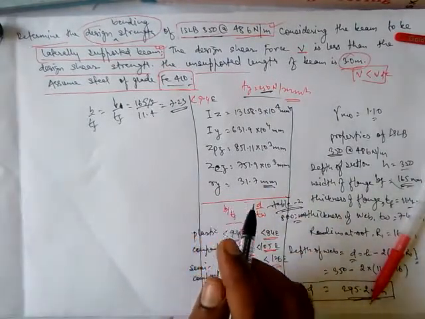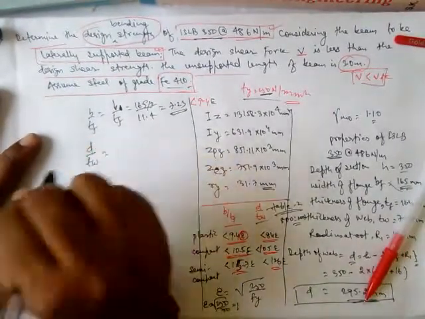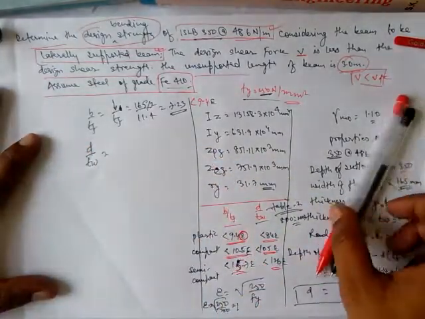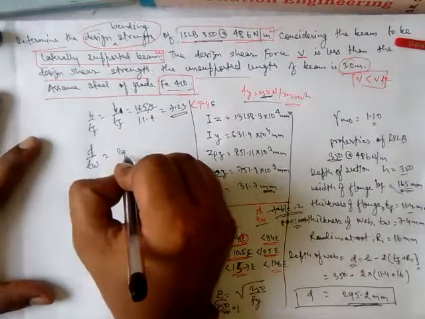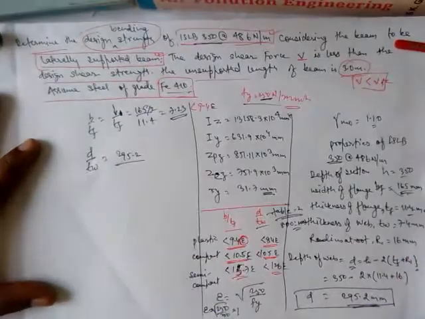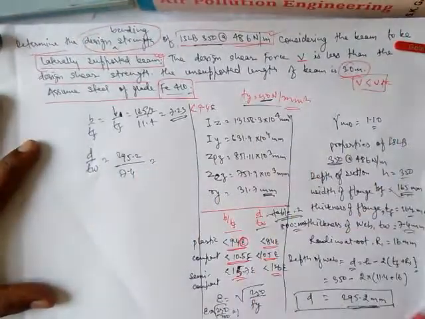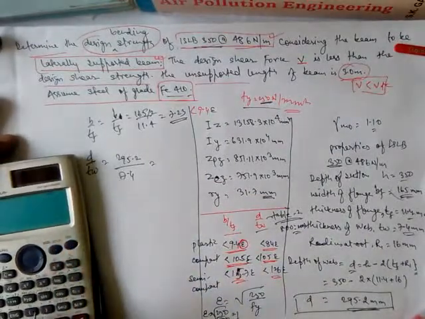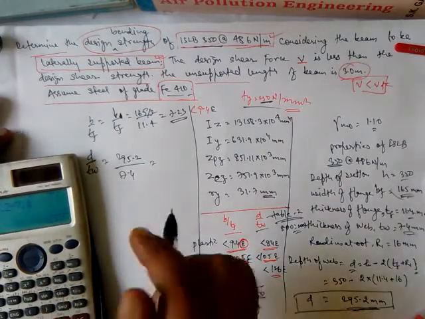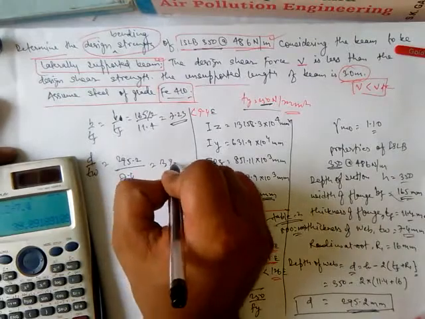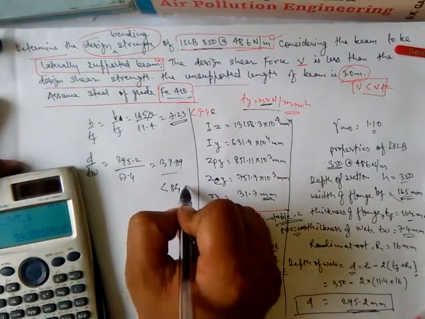Now we have to determine the d by tw value also. d is 295.2 and tw is 7.4, so 295.2 divided by 7.4 is 39.89 and it is less than 84 epsilon.